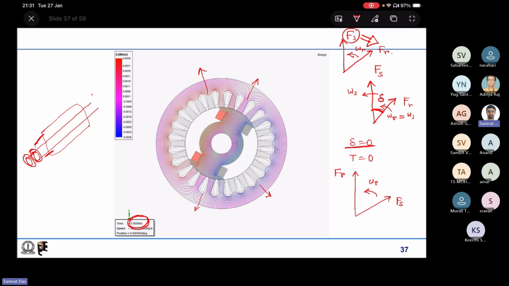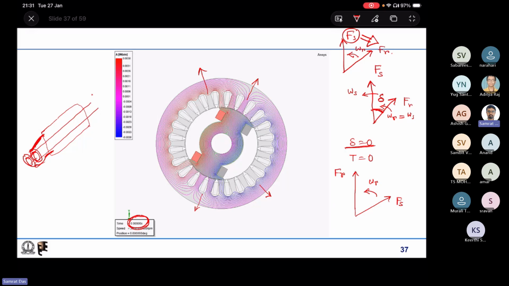The rings are put on the shaft itself, which means the rings are also rotating, and the rings are conductive in nature. So we can connect one terminal to one ring and another terminal to another ring. The entire thing is rotating now: the rotor, the rings, and the windings connected to the rings. So there is no problem here.